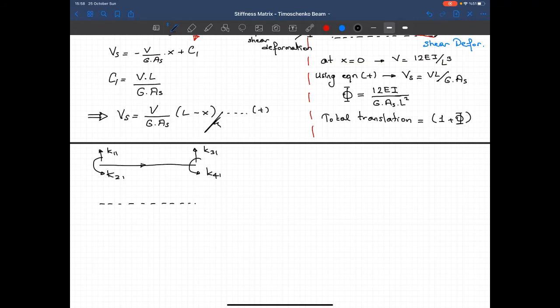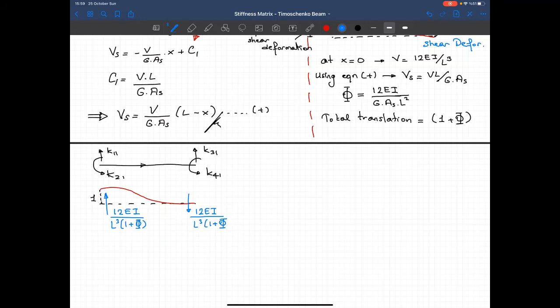How much smaller? 1 plus phi times smaller. Okay, so for this case, in order to obtain a unit displacement, I'll draw the same type of figure. This K11 should be equal to 12EI over L cubed scaled by 1 over (1 plus phi). So I should have the same force here in equilibrium, whose magnitude is 12EI over L cubed times (1 plus phi), okay?